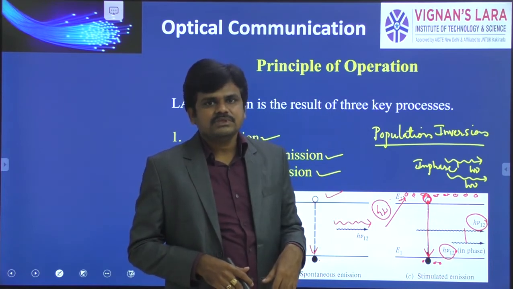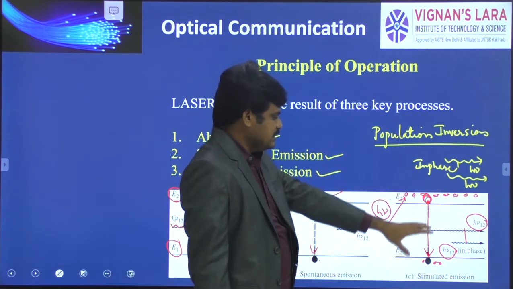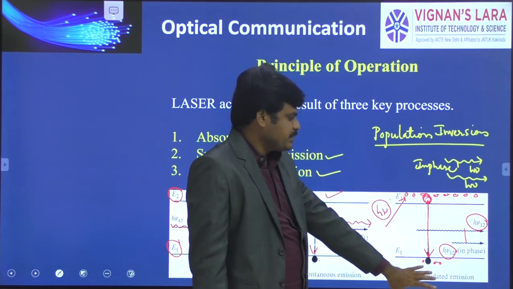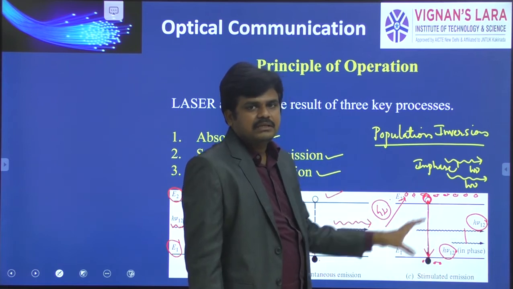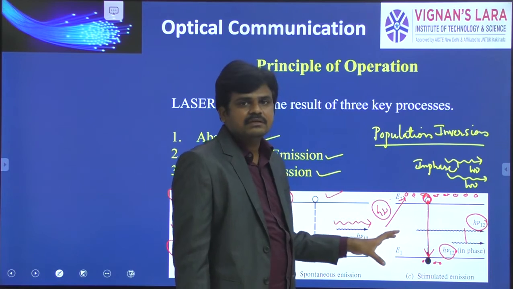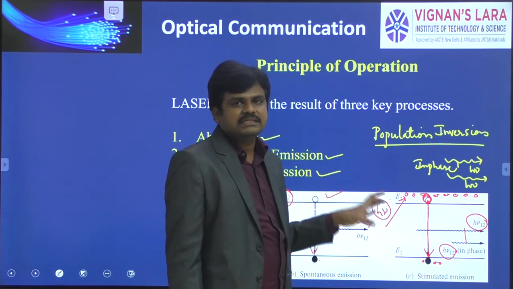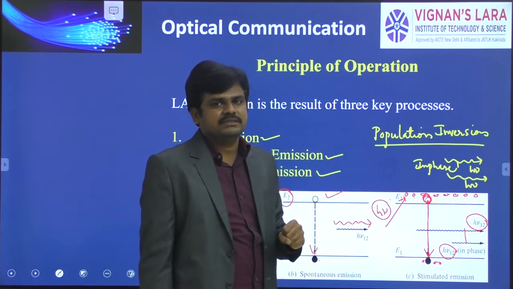Are you able to understand this? So this is the process happening in a laser diode, the stimulated emission, the key process which is very much essential for producing laser light.